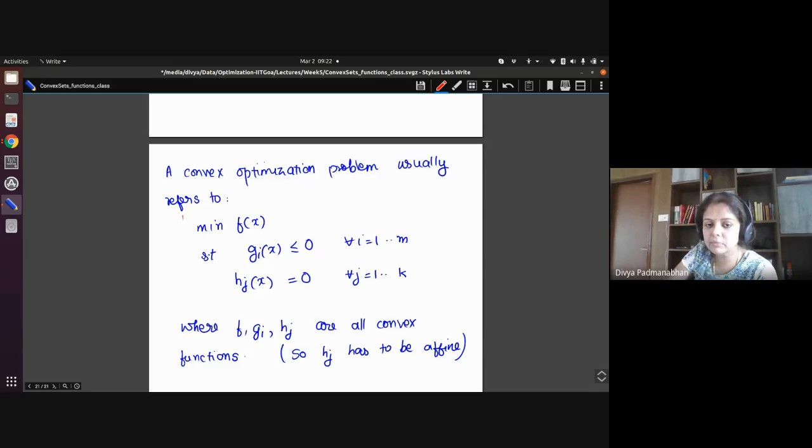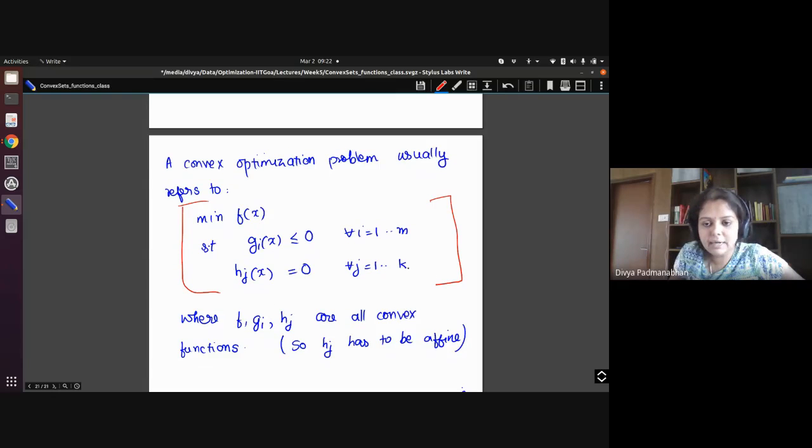This is actually a subset of convex problems, but traditionally this is the representation that people use to write convex optimization problems. And many solvers expect the formulations to be given this way.